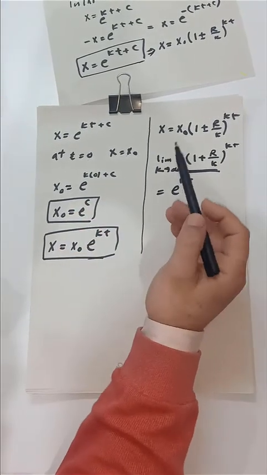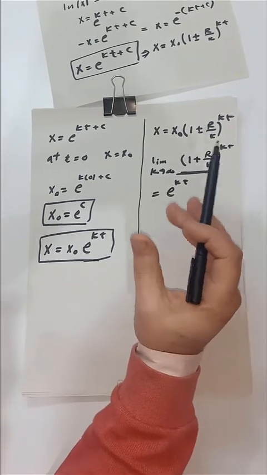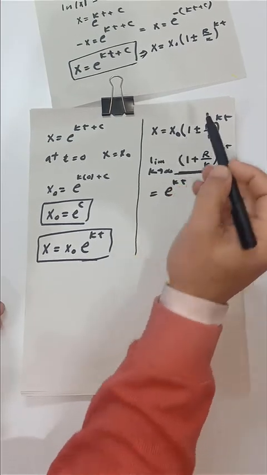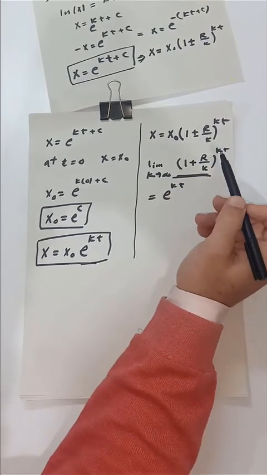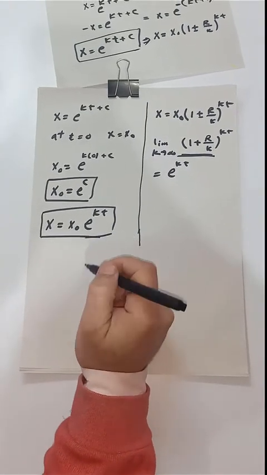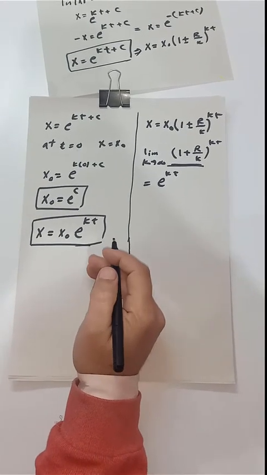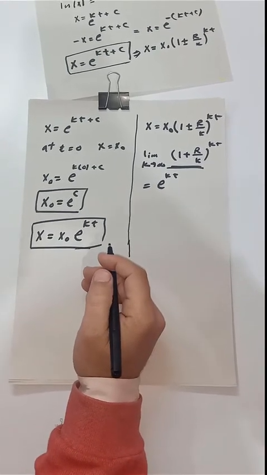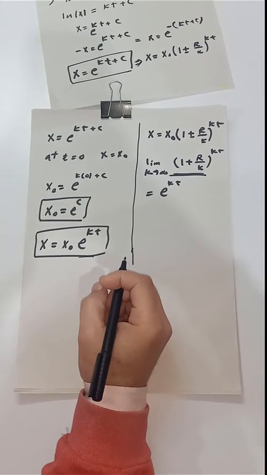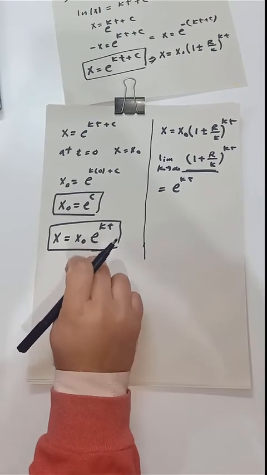But if k is discrete, meaning the interval is 1 year, 2 years, and so on, like the number of bacteria growing or the half-life of radioactive metals, we can use this formula.